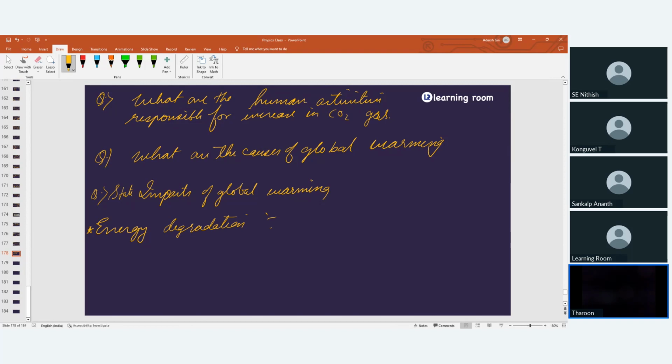So, gradual decrease. It is the gradual decrease of useful energy due to radiation.